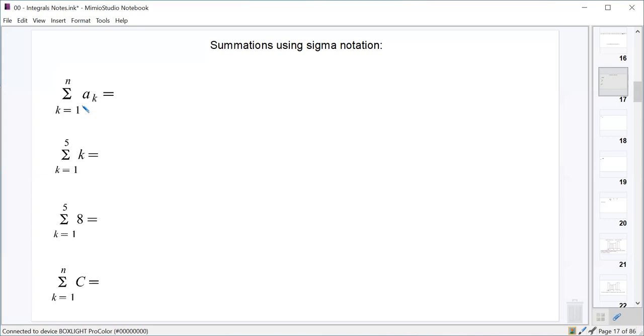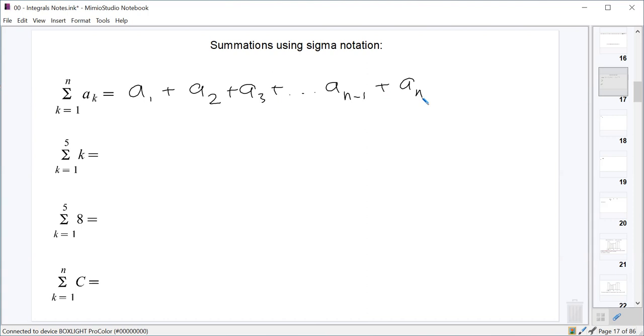So effectively, that would be term a sub 1, plus then when k is 2, a sub 2 plus a sub 3, all the way up until we get to, eventually, a sub n. So if n was 10, we'd have 10 terms here. We'd add a1 plus a2 plus a3, all the way up to a10. If n was 100, we'd have 100 terms there. That's all this summation really means.